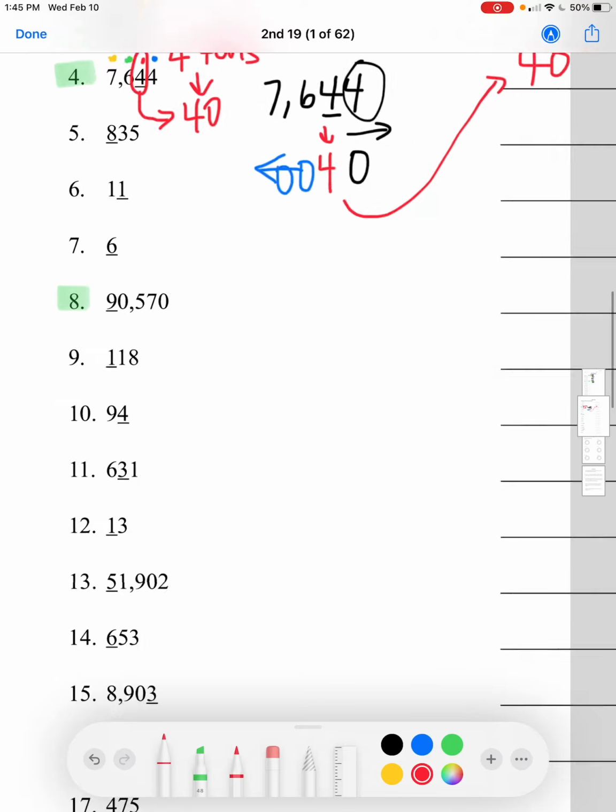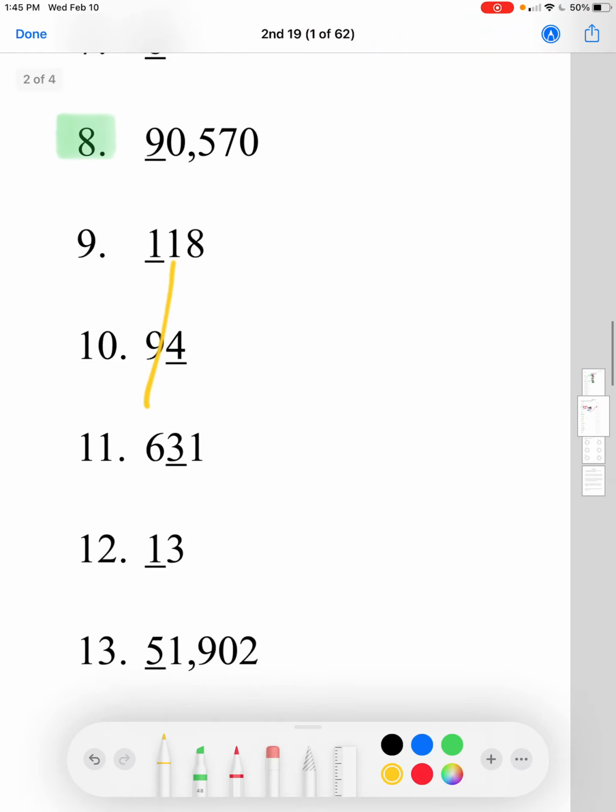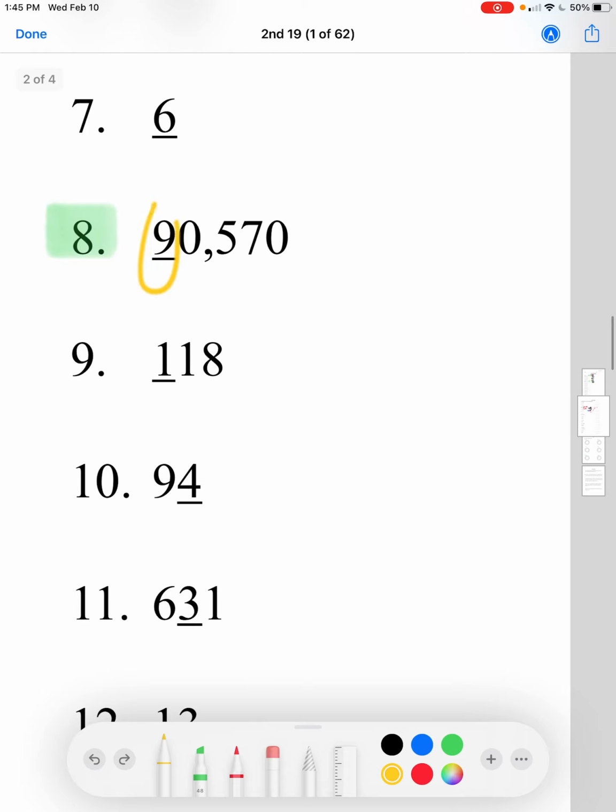Let's go over number 8 as well. We have the number 90,570, which is a very big number. And the number that is underlined is the 9. Right here. So again, everything to the right of that number becomes 0, and the number that is underlined stays the same.